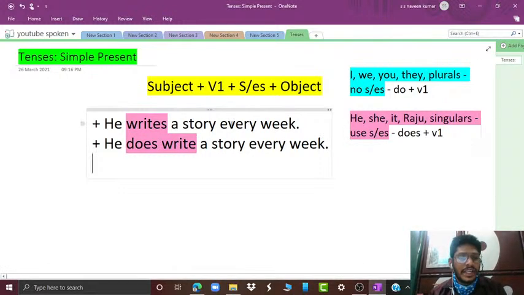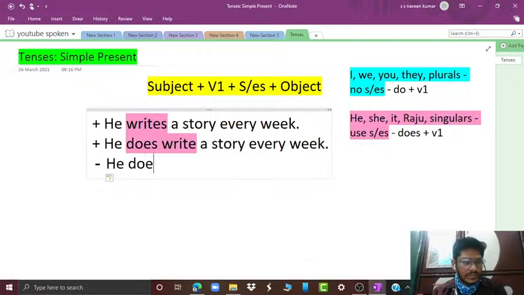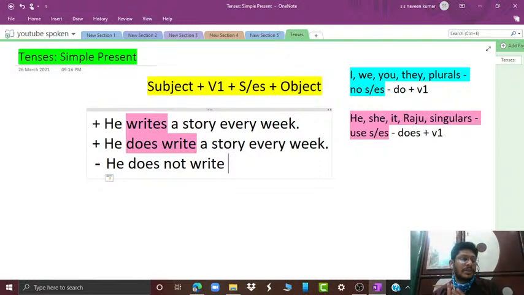Okay, so he does write a story every week. That's fine. That's a great sentence. Next, when it is negative context, he does not. So he does not write. See, we used this helping verb because we want to use not after the helping verb. Then automatically the sentence becomes negative. So that's the reason why we use this not. So now the sentence is negative.